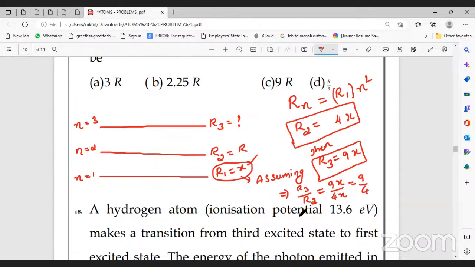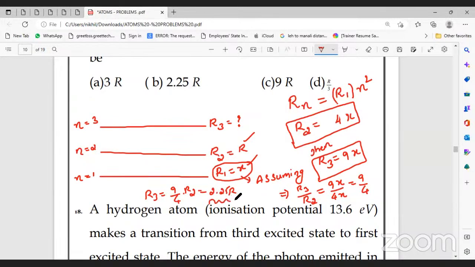So R3 is 9 by 4 times R2. R2 is given as R. What is 9 by 4? 2.25.